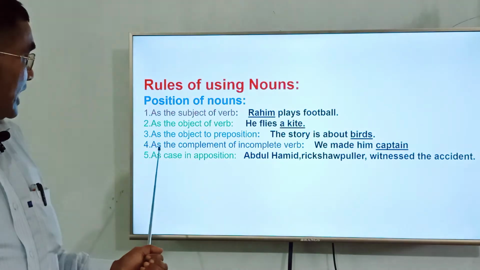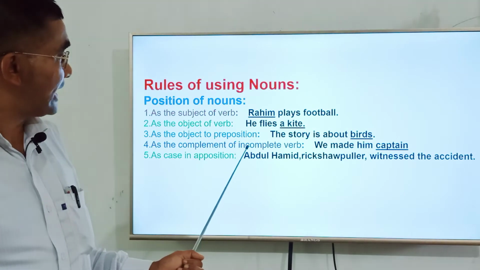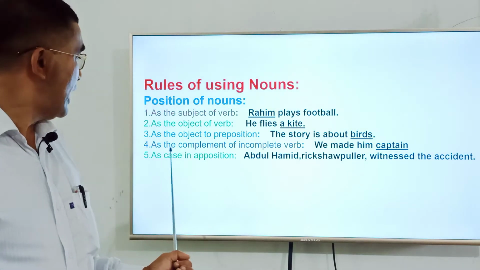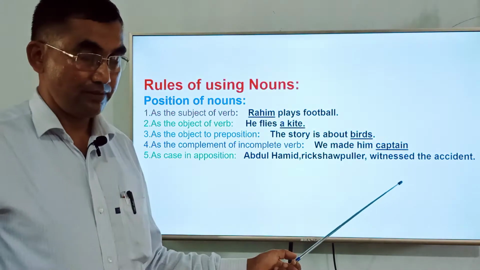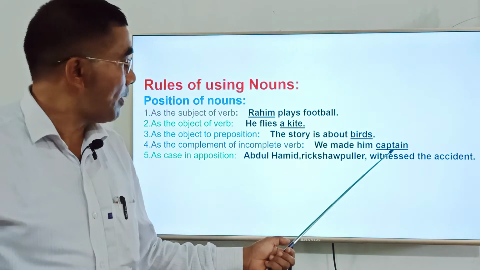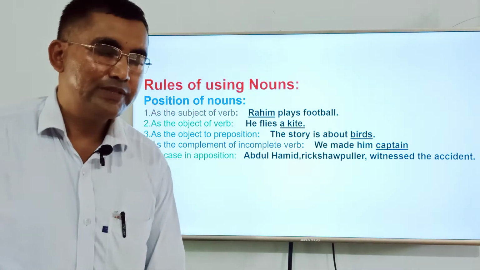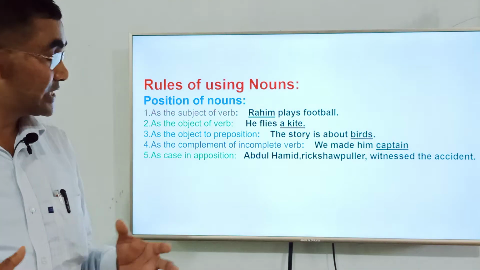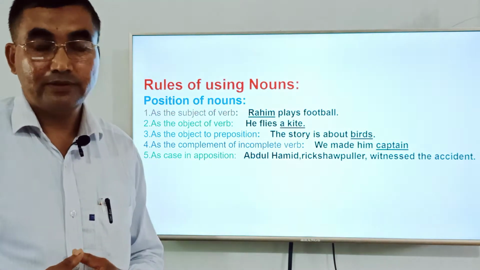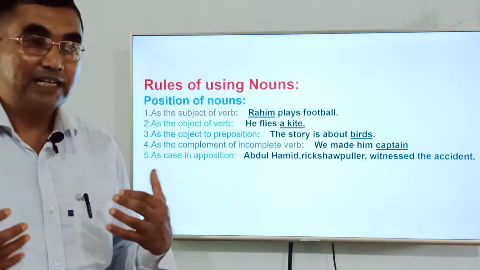And now, as the complement of an incomplete verb: we made him captain. Captain is the complement. Previously, in one of my classes, I tried to discuss what a complement is. I again want to make it clear to you.